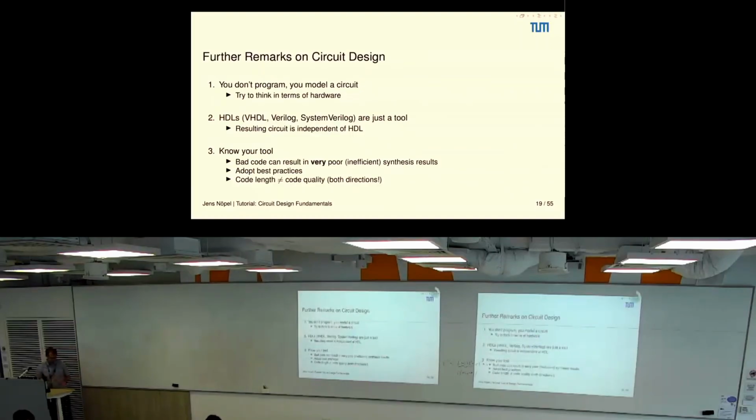So really think about modeling a circuit when writing your VHDL code. It's not a program that happens completely sequentially. It can happen also concurrently. Which language you choose is more or less a question of which flavor you want to have, but in the end, the resulting circuit is independent of the language you use.